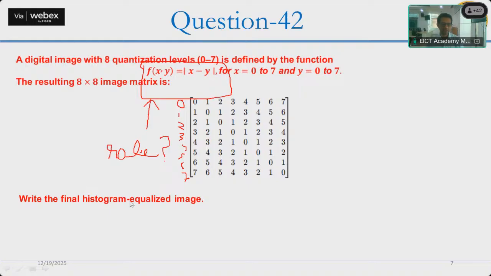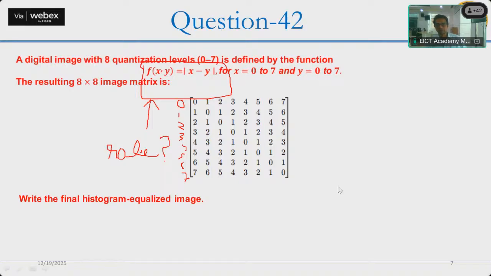Histogram equalization. For histogram equalization, again you need to calculate the CDF, and then multiply by L minus 1, where L is basically the number of levels. So what is the maximum level here?